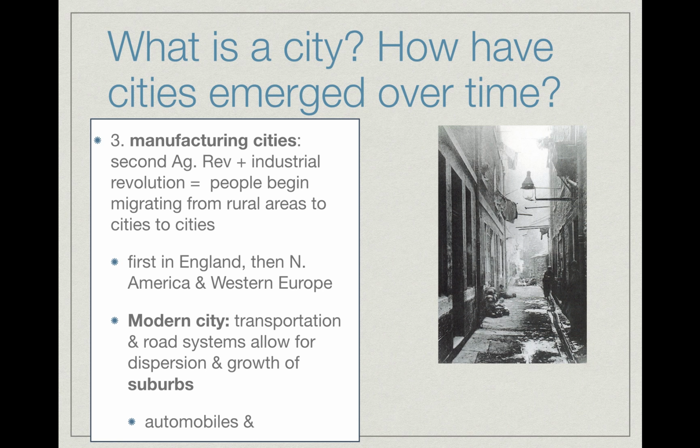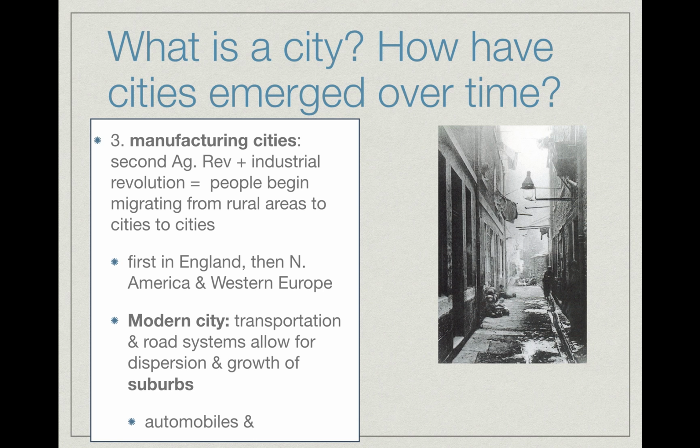Just like we talked about population changes, industrial changes and economic development changes with the Industrial Revolution, we also see changes in cities as a result of it. So we go from medieval cities to mercantile cities to manufacturing cities.